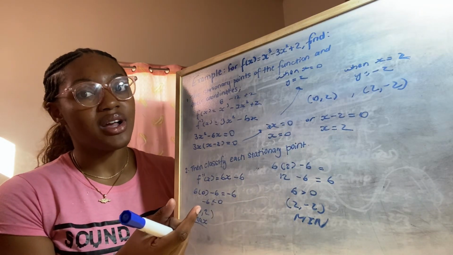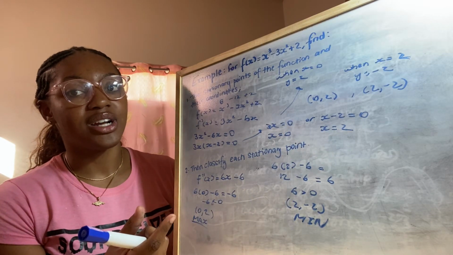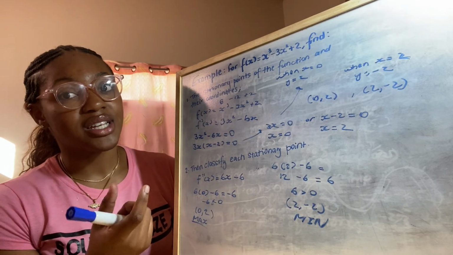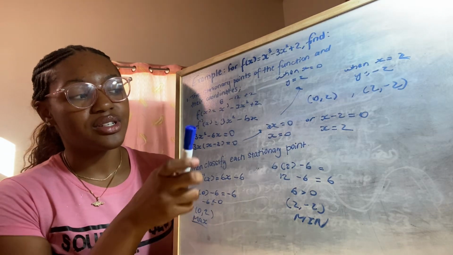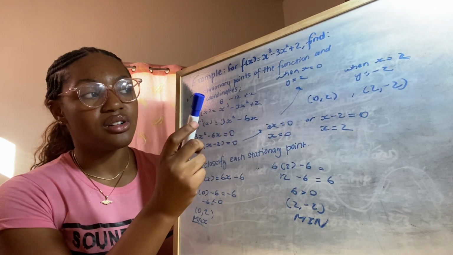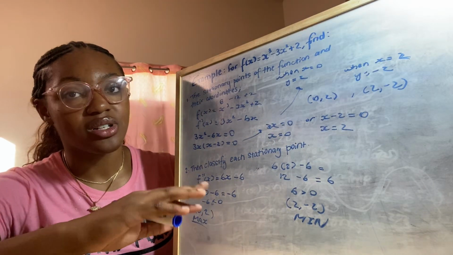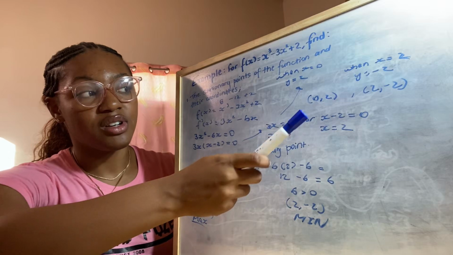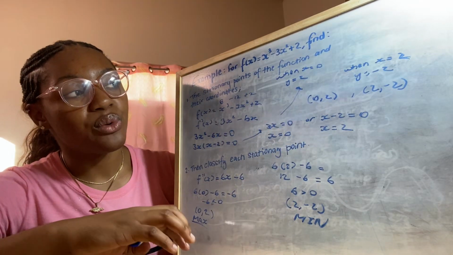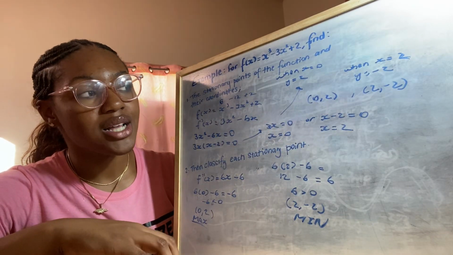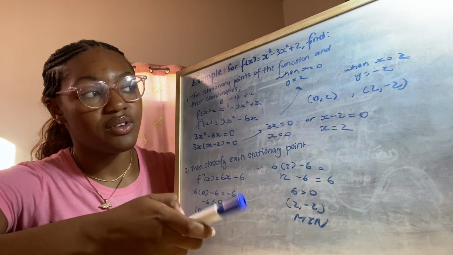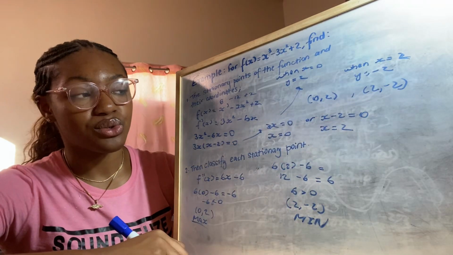Remember that it's a point, therefore you have to consider the y coordinates. In order to get the y coordinates, all you do is substitute the x values in the original function. And when we did that, we got that when x is equal to 0, y is equal to 2, giving us the coordinates (0, 2). And when x is equal to 2, y is equal to minus 2, giving us the coordinates (2, minus 2).